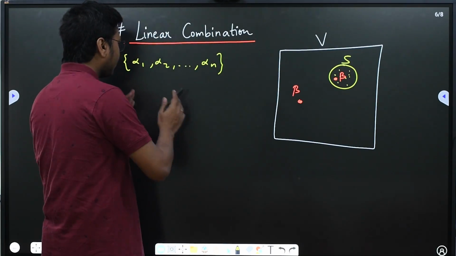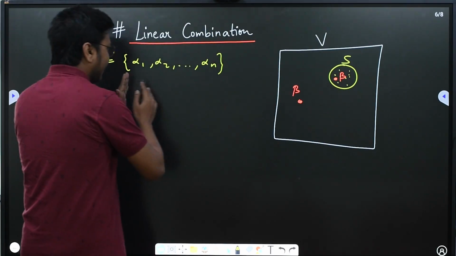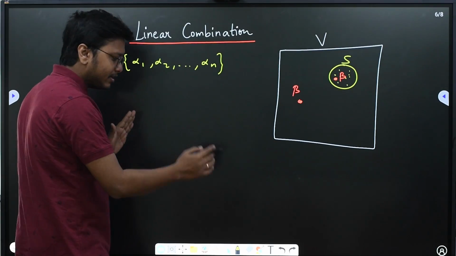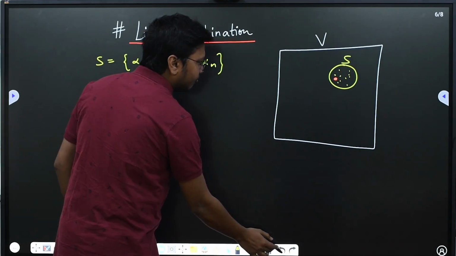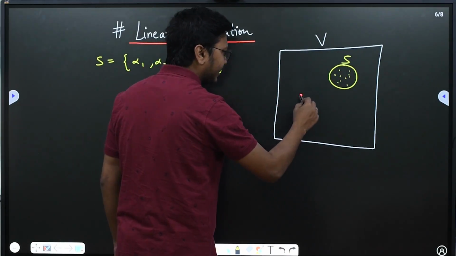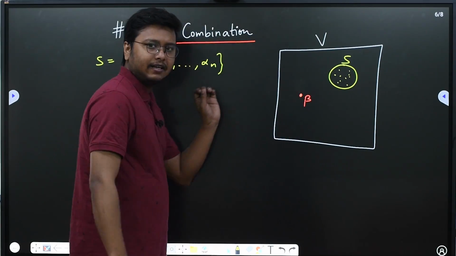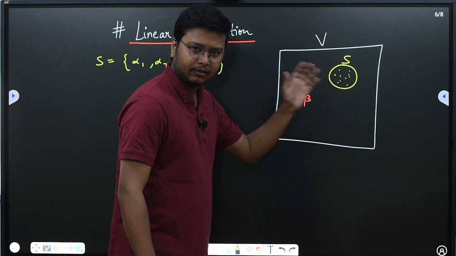Okay, so if I say that S contains only these elements, then in that case beta would lie outside the S set. Otherwise we may say that beta is lying inside the S set also.